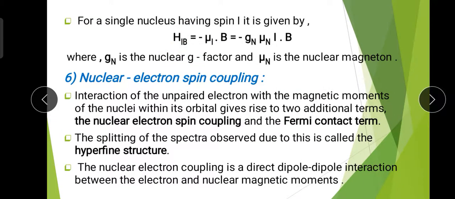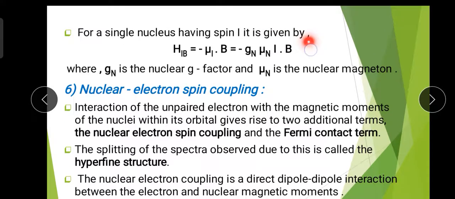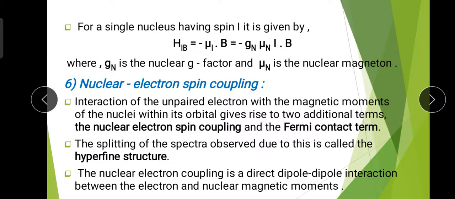It is equal to the negative of the dot product of mu I with B, where mu I is the nuclear magnetic moment and B is the external magnetic field, which is equal to minus gn mu n times the dot product of I with B. Here gn is the nuclear g-factor and mu n is the nuclear magneton, like the Bohr magneton. I is the nuclear spin quantum number and B is the external applied magnetic field.